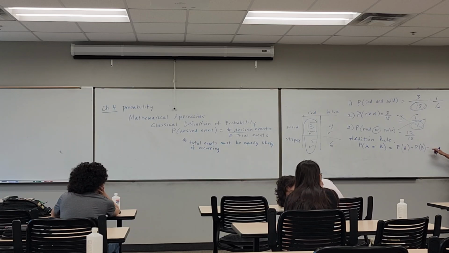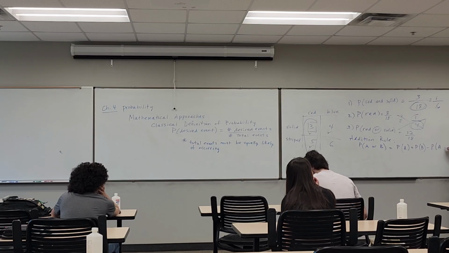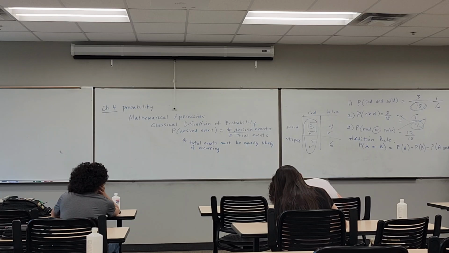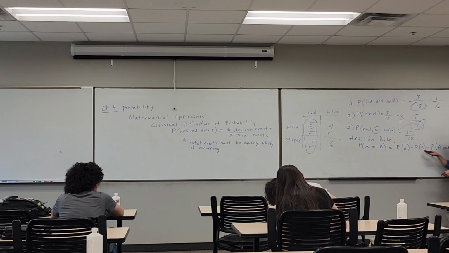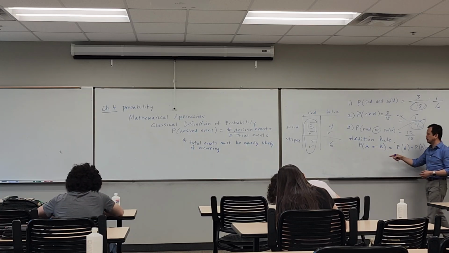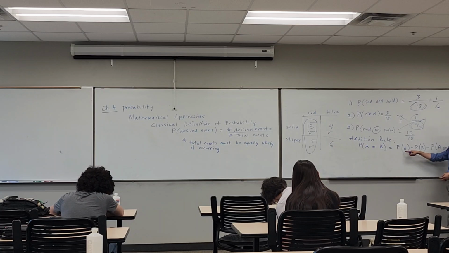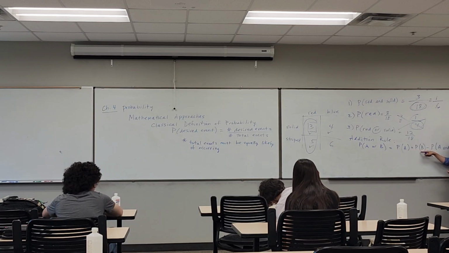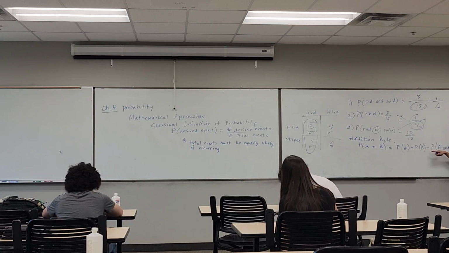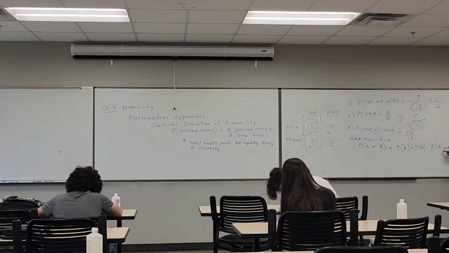This subtraction is that you have to subtract out the probability of having an event that contains both A and B. So this is what the addition rule says: anytime you have a probability with events joined by OR, you can separate it out into separate events that are joined by addition, and then there's this subtraction that you apply as well.